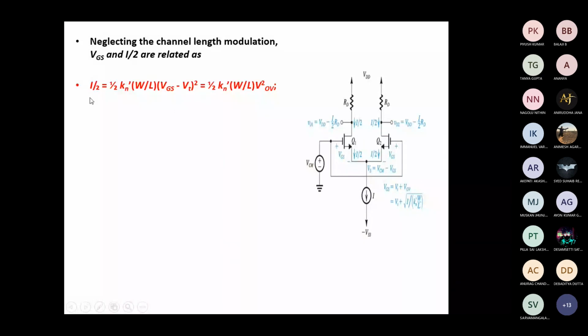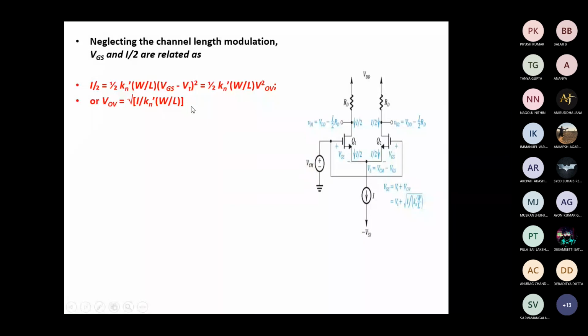So we substitute the drain current equal to half of Kn dash W by L VGS minus VT whole square. Now VGS minus VT is equal to the overdrive voltage, so we can directly replace it. Simplifying this equation, we find the overdrive voltage as root of I by Kn dash W by L.